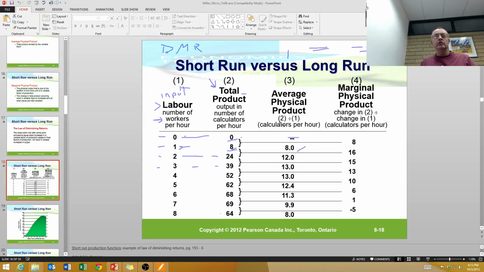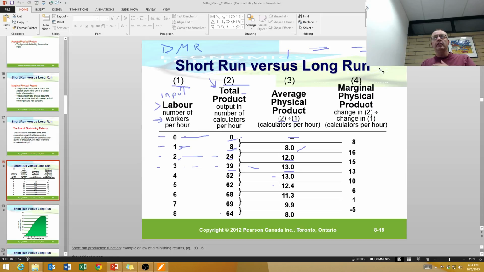So this is column 2 divided by column 1. When we have two workers, we have 24 units of output divided by 2 workers, so average physical product is 12 units per worker. When we have 3 workers, we have 39 units of output, so average physical product is 13, and so on.